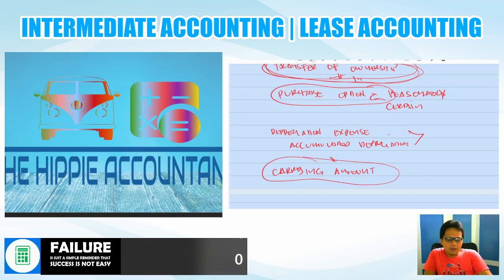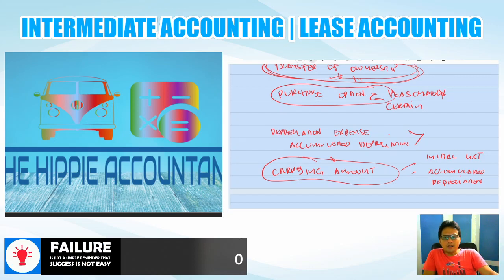That is the initial cost as recorded during the initial recognition less your accumulated depreciation. So, klaro yun siya, because we are to present it at carrying amount.